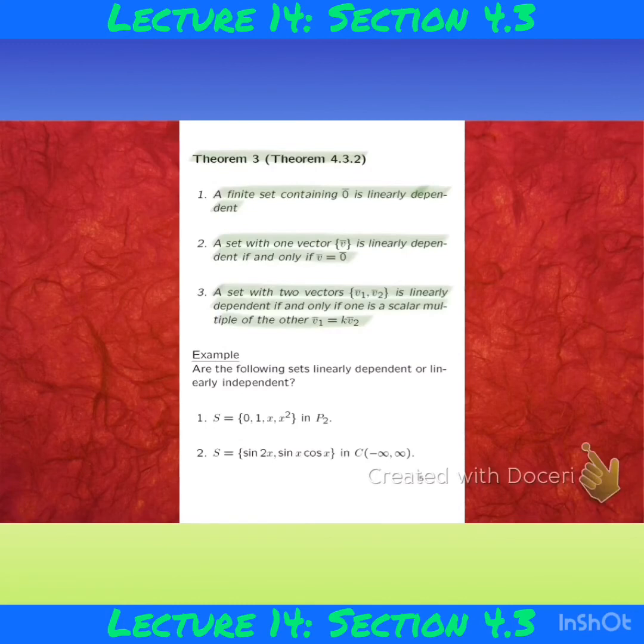Let's look first at 1. A finite set containing the 0 vector is linearly dependent. Why is that the case?